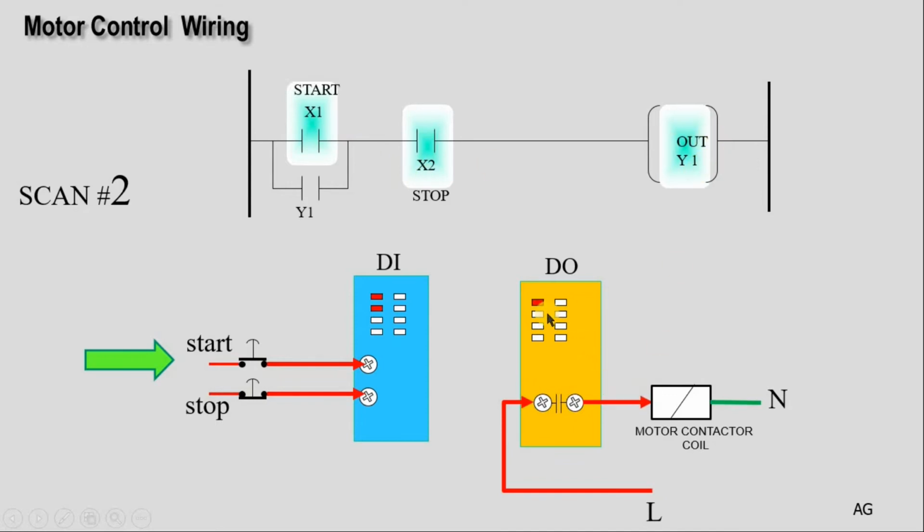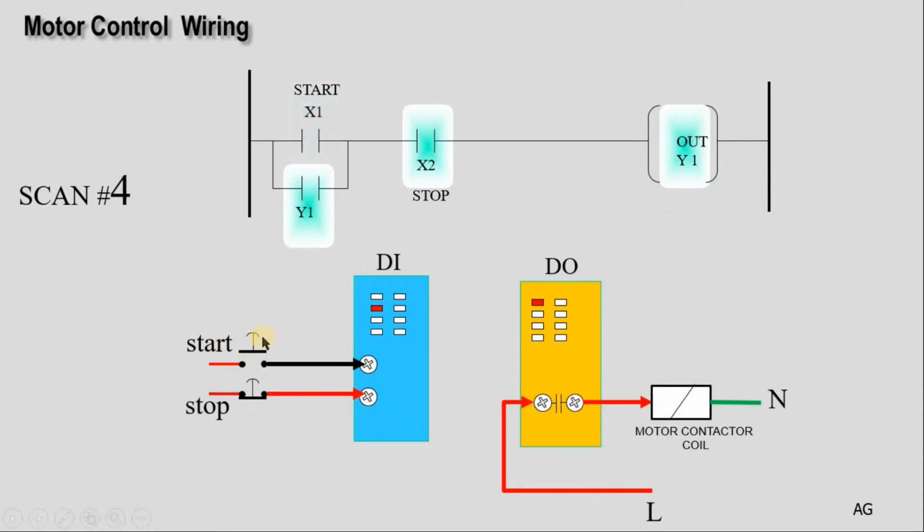So it will turn Y1 on at the end of this scan, and your contactor will be energized. Now in scan 3, because Y1 in scan 2 was on, its status becomes on. So now this is true, true, true. Nothing changed, and Y1 is still energized.